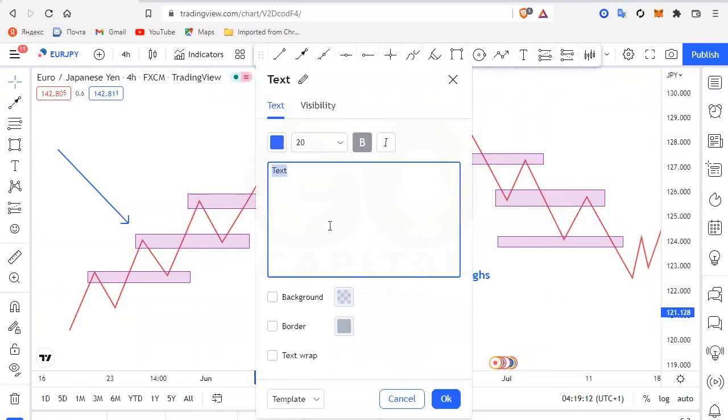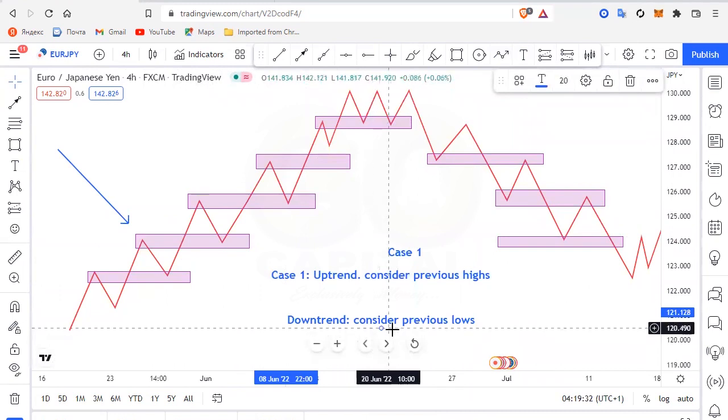So then, downtrend. You look at, consider previous lows. Okay, that's what you look at for the case 1.